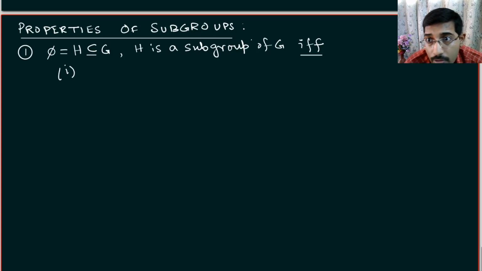Let us say that G under the operation ∘ forms a group. This is our assumption.